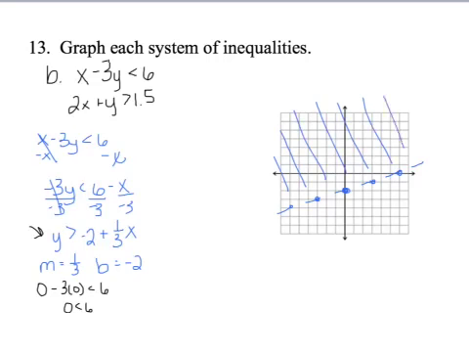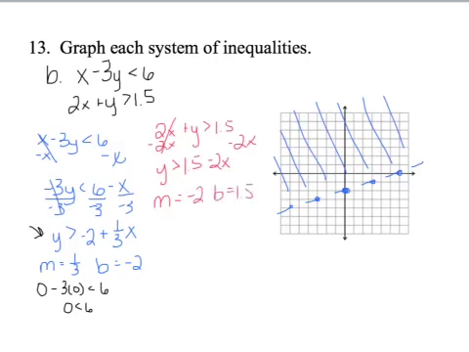Alright, let's do the second inequality. I'm going to work with red. I'm going to solve the second inequality for y. I can do that one in one step. We just need to subtract the 2x. Alright, so our slope is negative 2, and the y-intercept is 1.5.